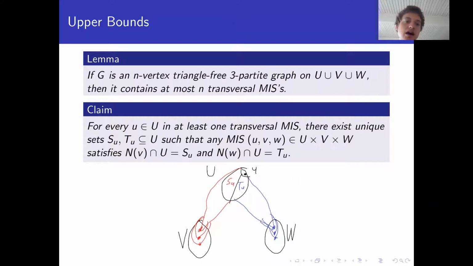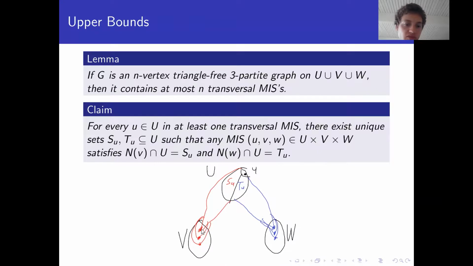And it says, if you look at any vertex u in big U which is in at least one transversal MIS, then there exist unique sets S_u and T_u, which are subsets of big U, such that whenever you have an MIS u, v, w with vertices coming from their corresponding parts, then the neighborhood of each of these v vertices into capital U is exactly this S_u set. And on the W side, it's exactly this T_u set.